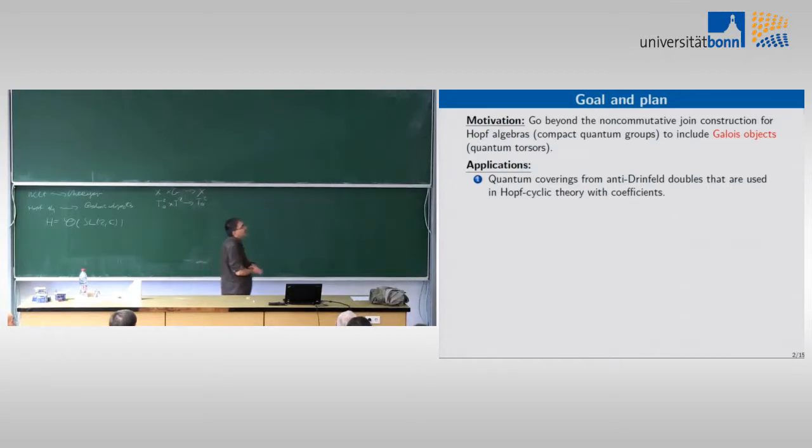I will show you today how to make them into bi-Galois objects and produce non-trivial examples for our main result. So there's some mysterious link with Hopf cyclic theory, which is at this moment completely unexplored, but for the time being, these are very good examples producing, if you want, quantum coverings. Okay? So that's what I'm going to show to you today.